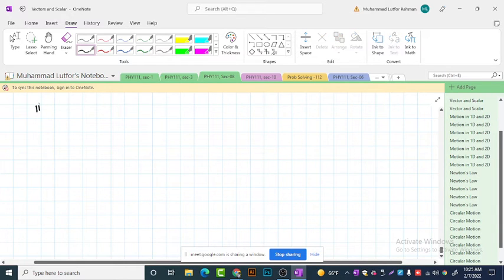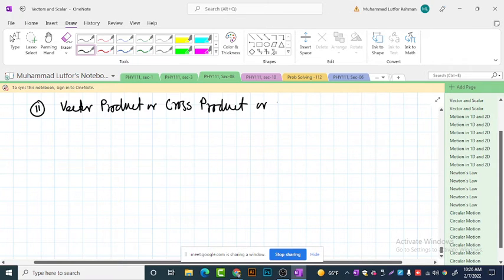Alright, the second one we can do is the vector product, or sometimes you say the cross product, or sometimes we say the outer product.